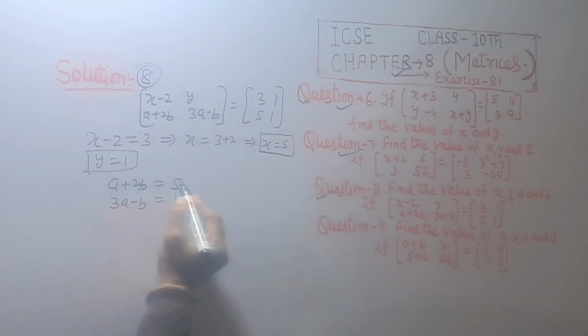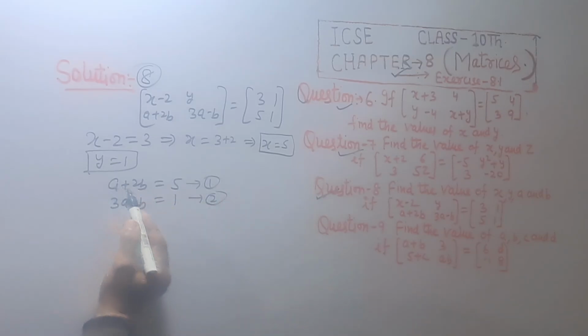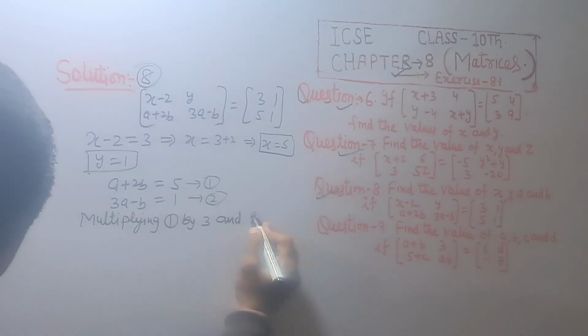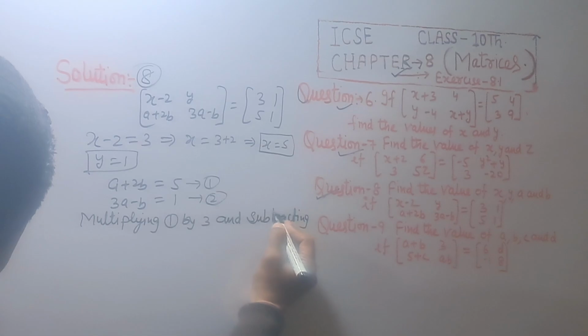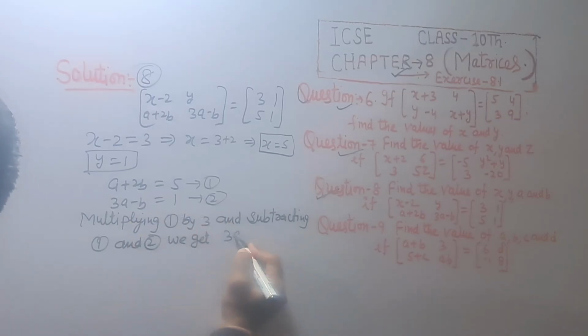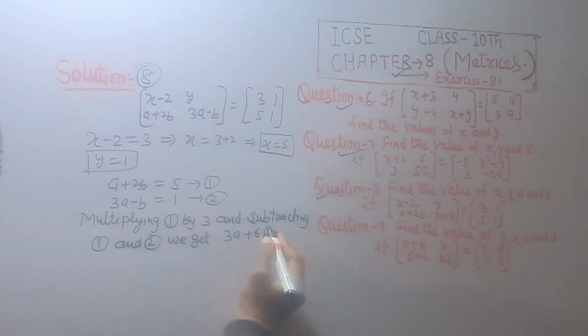So multiplying equation first by 3 and subtracting first and second, we get 3a plus 6b equal to 15.